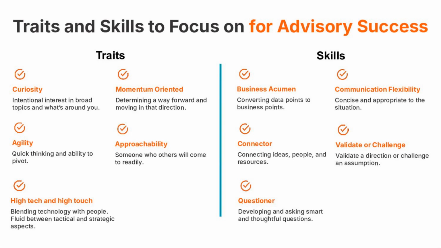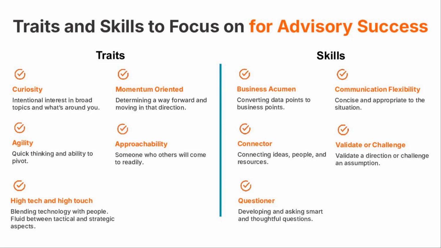I would also offer another trait as being both high tech and high touch. This is the blending of technology with the people side of the equation that I referred to a little bit earlier when I showed you the CAS strategy pieces on the earlier slide. There's a requirement, I believe, to be fluid between the tactical and strategic aspects of the work that we do.